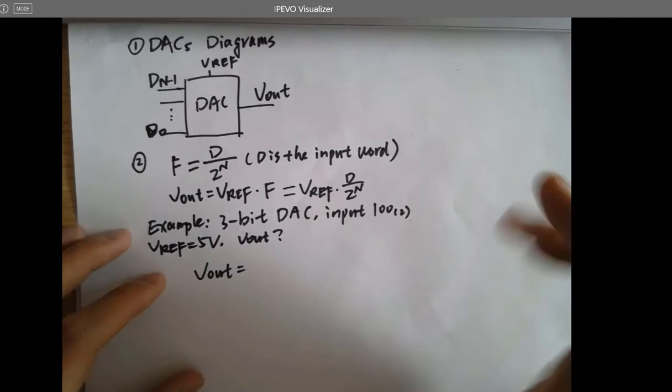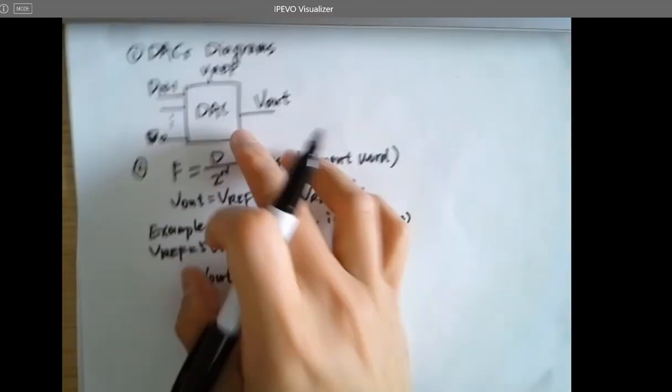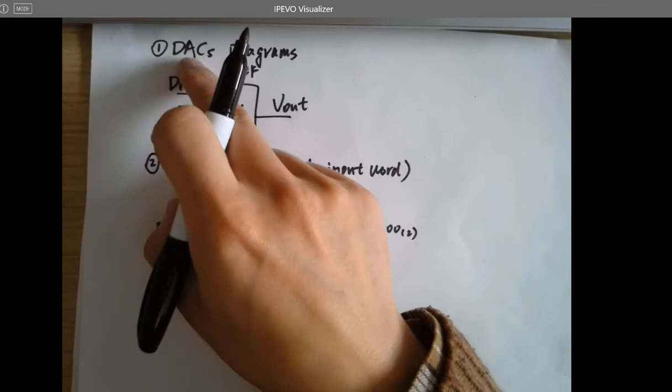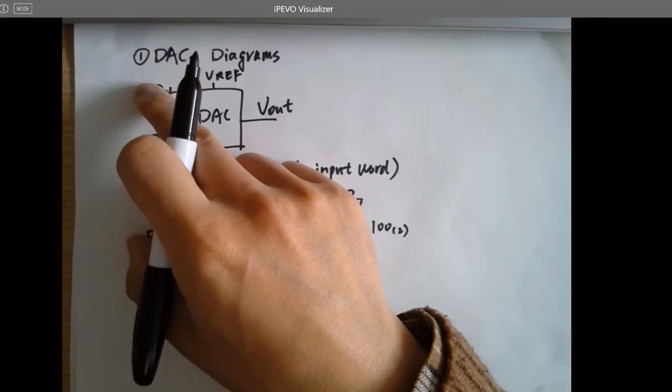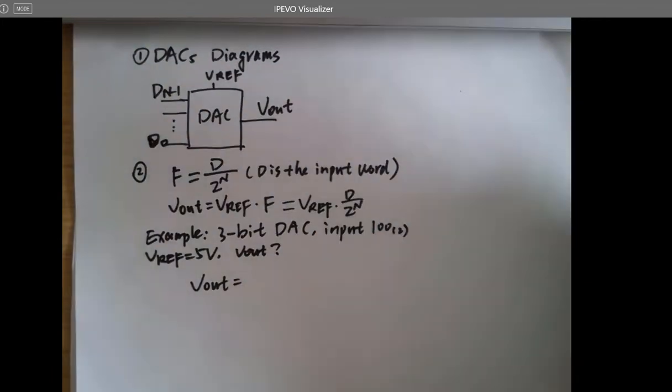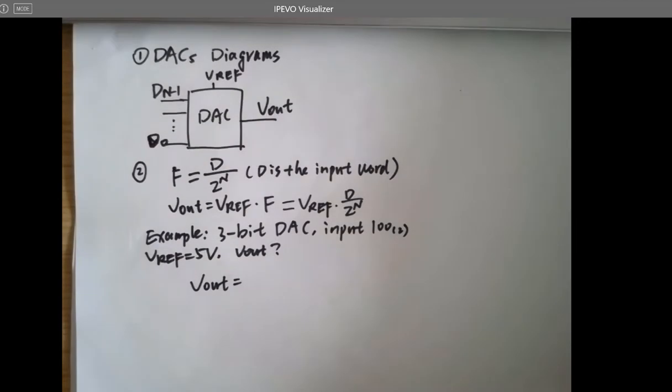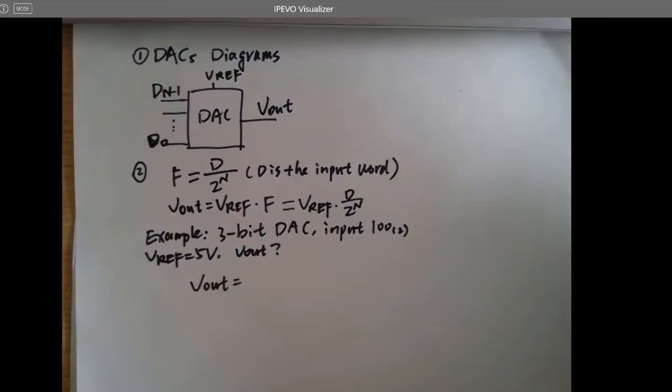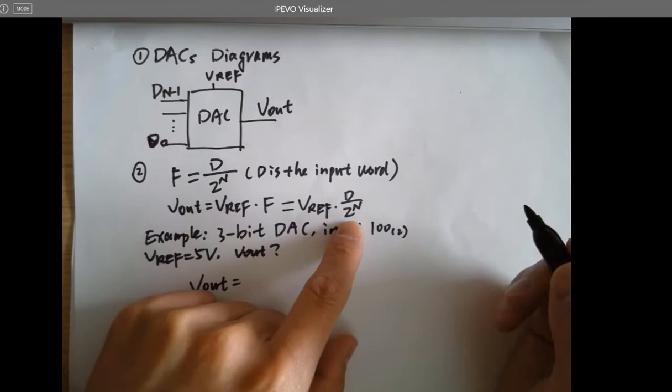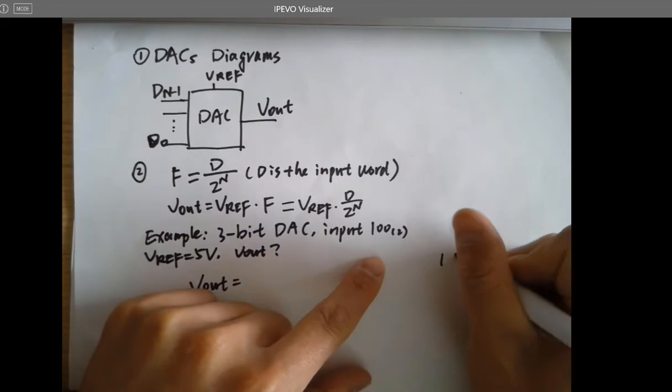So the first question, if the DAC is n bit, that's the resolution. So every LSB is how many volts? It's going to be VREF over 2 to the nth.